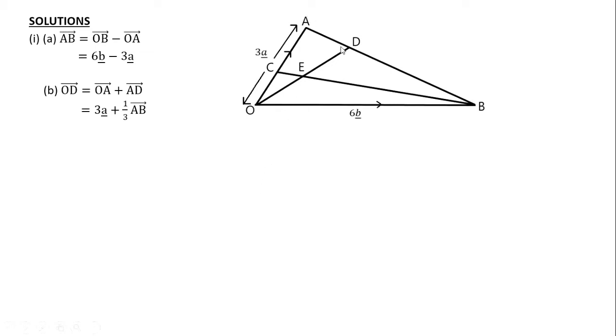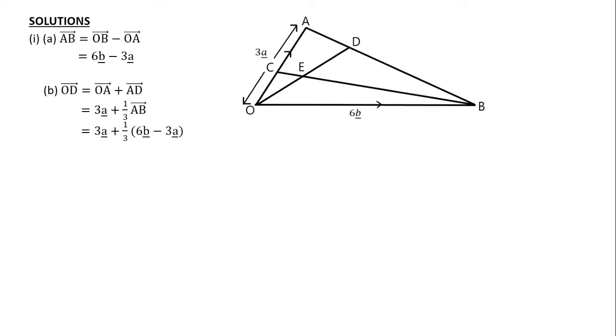Meaning AD is 1/3 of AB. So where there's OA, we'll replace 3A. Where there's AD, we'll replace 1/3 vector AB. Where there's vector AB, we'll replace 6B minus 3A. It will look like that.